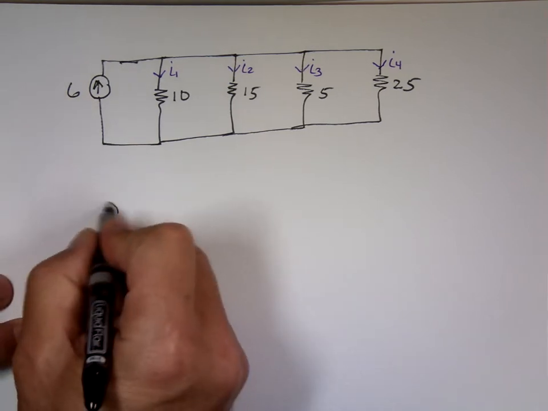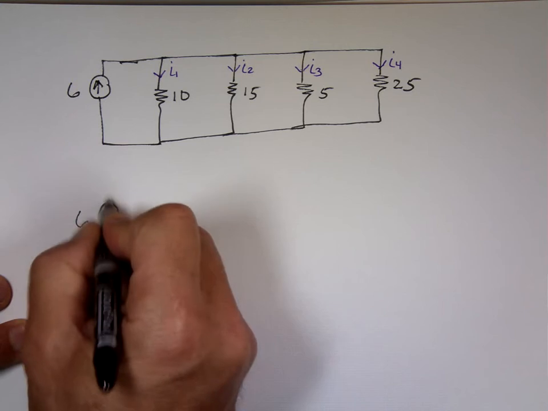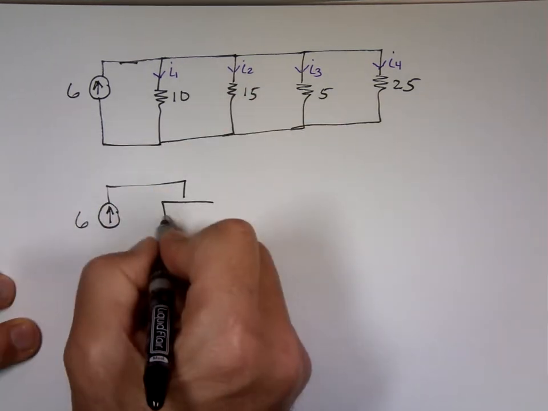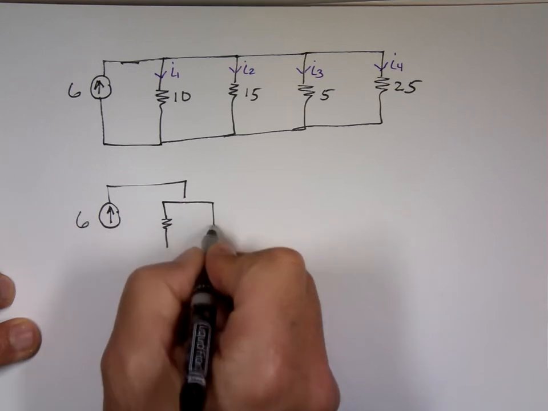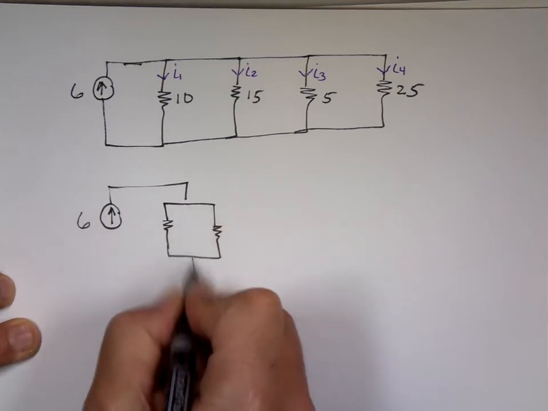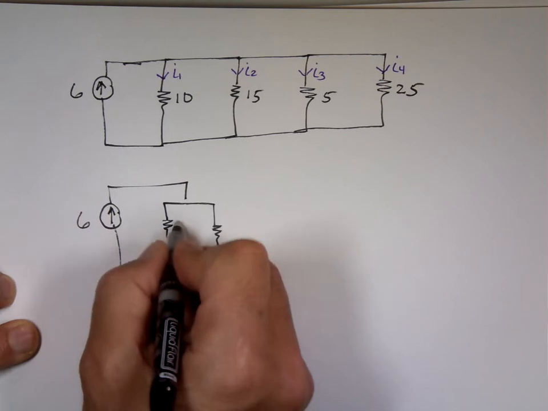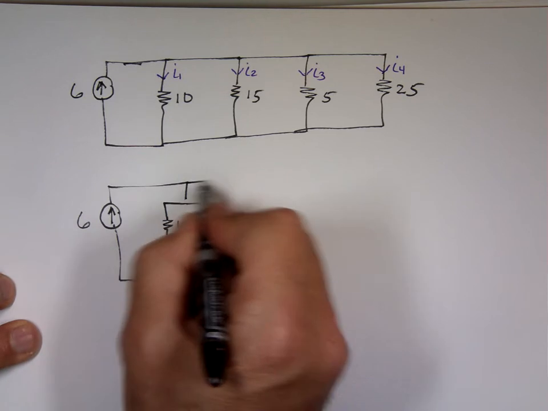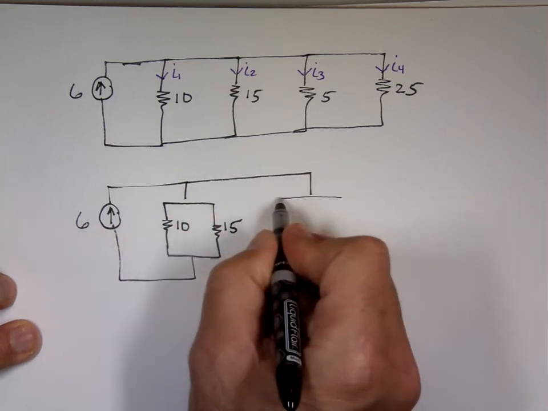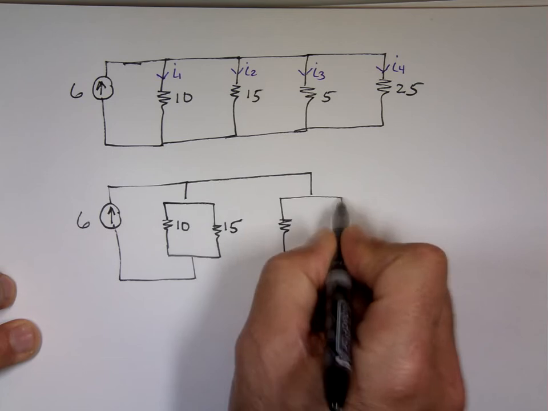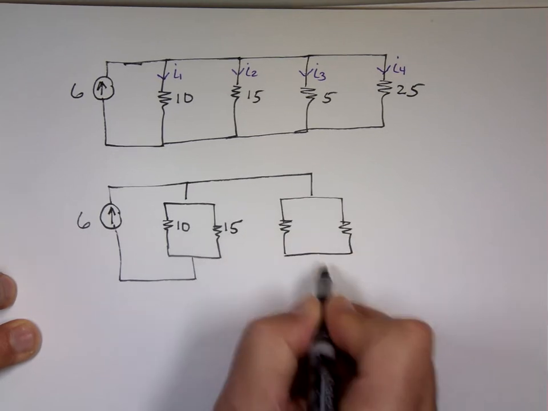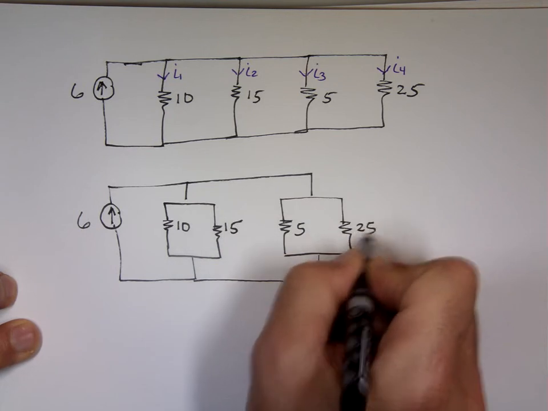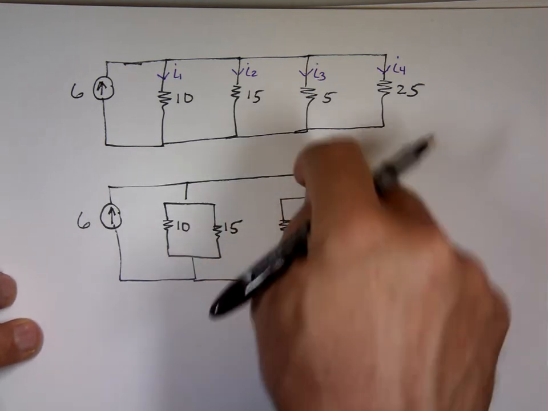I'll take this and say, you know what? I'm going to redraw it like this. This is the 10, this is the 15. And I'm going to redraw these two like this. That's exactly the same circuit. I just made the wire, instead of attached there, I add an extra wire and attach it right there.